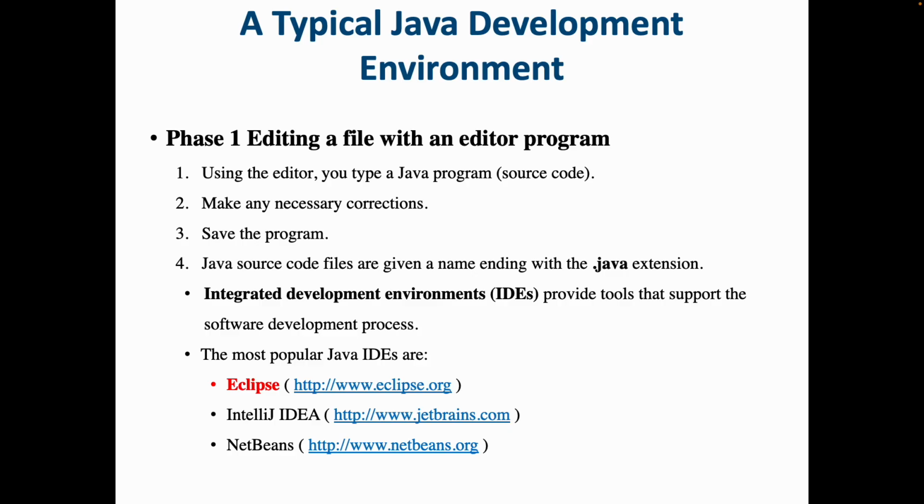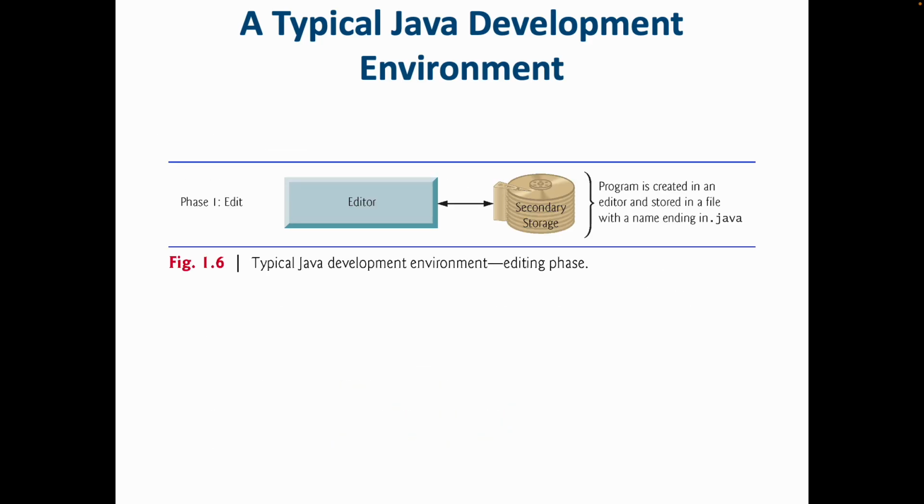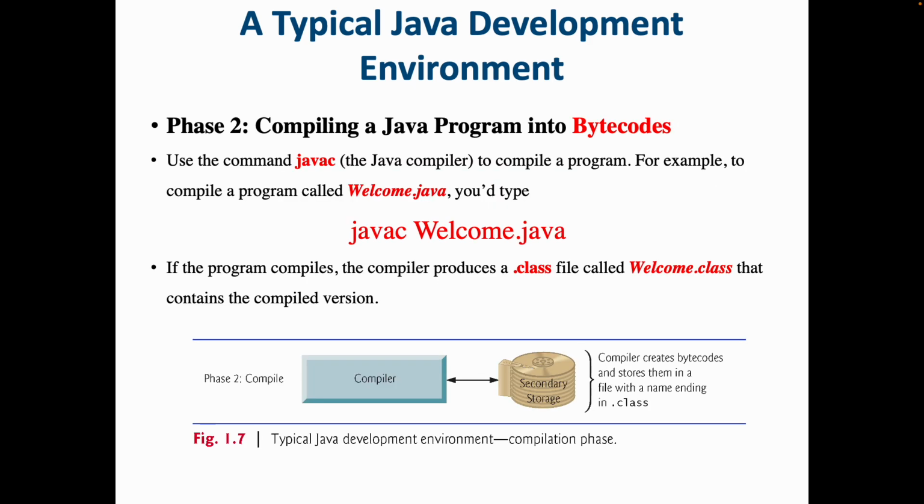And then I'm moving on. Let's say that we write our code and then create our file. Then what we have to do is save it to our hard disk. And then we will use a compiler. The Java compiler will basically take our code and convert it to bytecode.